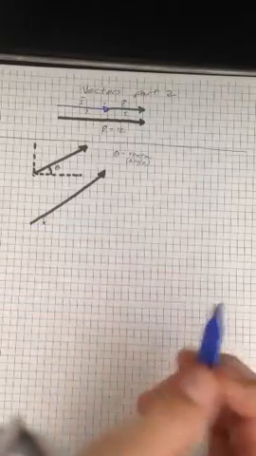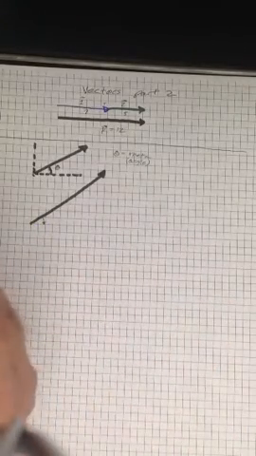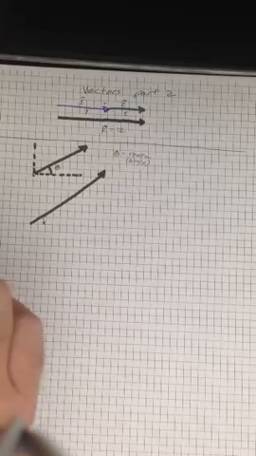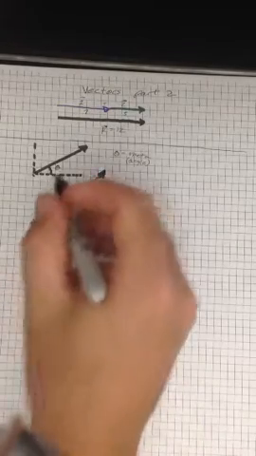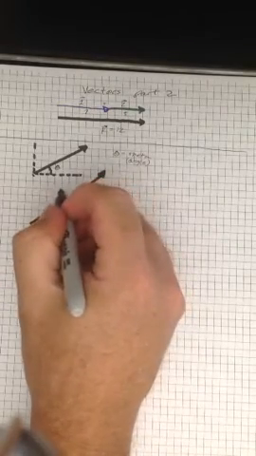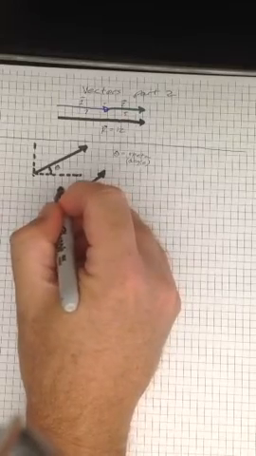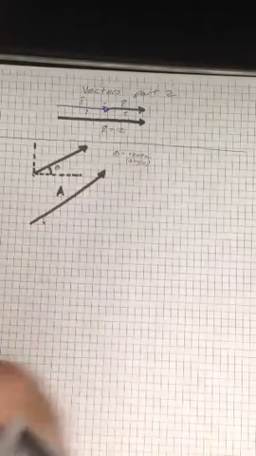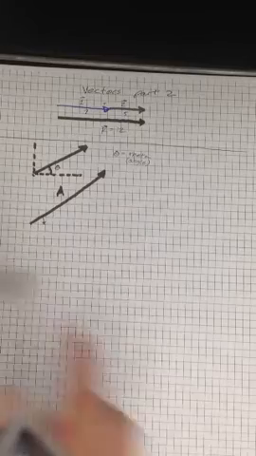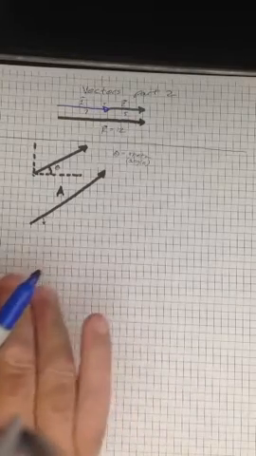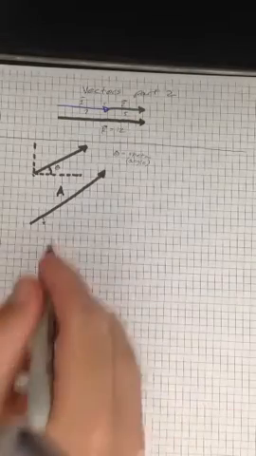So what we can do is we can break apart our vector here, and I'll just call it vector A. So here's vector A. And vector A I'm going to break apart into the parts that are along the axes.